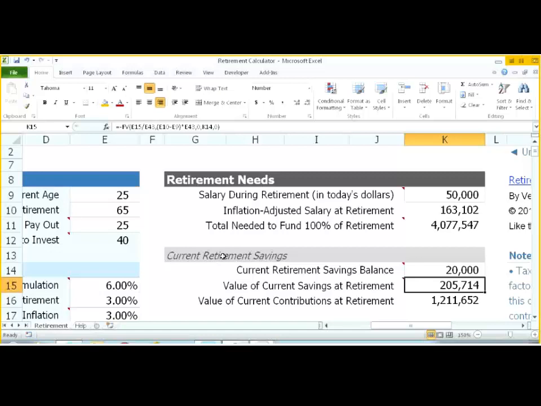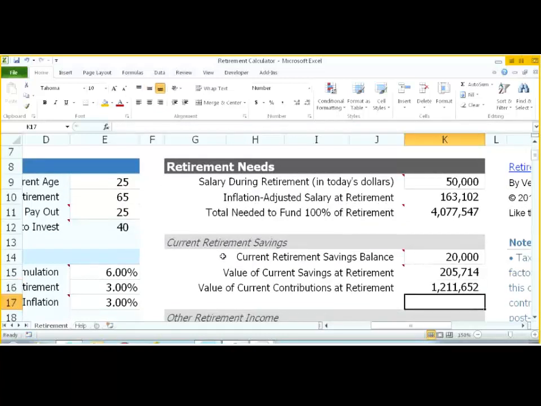My parents gave me $10,000. My grandparents gave me $10,000. What would that be worth in so many years? That's that calculation. This is this money plus what I've contributed through my employer. So that's the savings. It says I'm $2.8 million short.